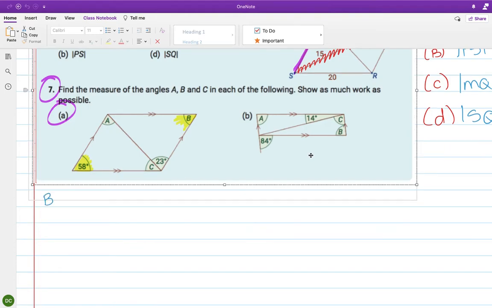So B is 58 because they're opposite angles in a parallelogram.